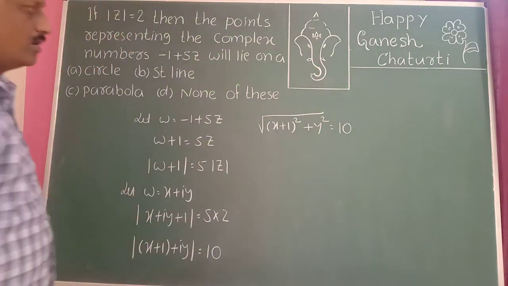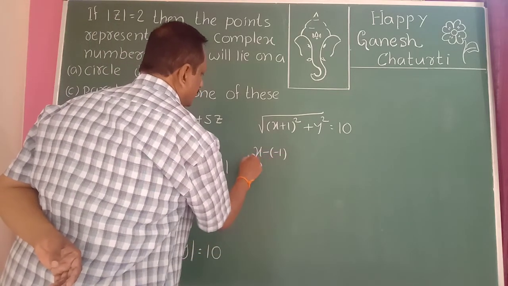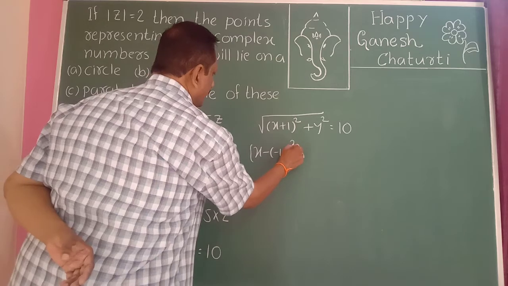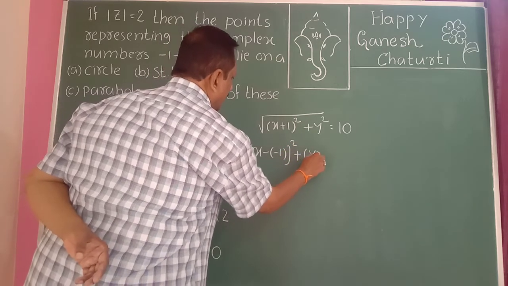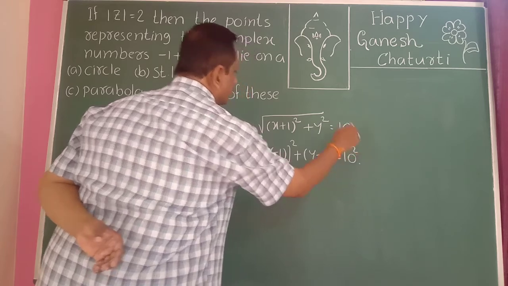Then squaring on both sides, you can write x minus of minus 1 whole square plus y minus 0 whole square is equal to 10 square.